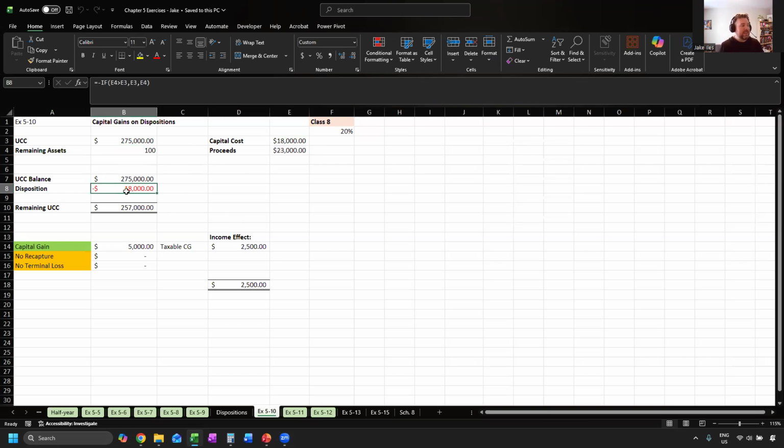The proceeds, the capital cost gets subtracted. The remaining $5,000 becomes a capital gain. So our taxable capital gain is $2,500. So when we sold this asset, nothing happened. Well, I mean, we subtracted it, but we're not making any recapture or terminal loss adjustments. We're just recognizing that $2,500 of taxable capital gain.